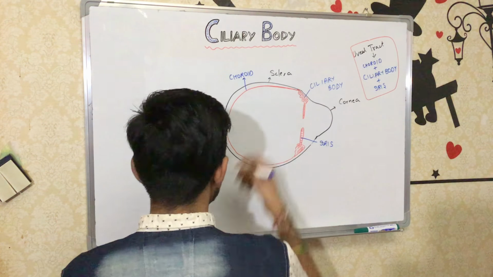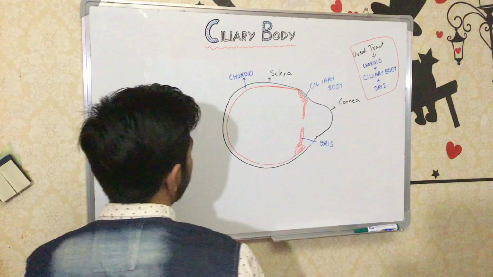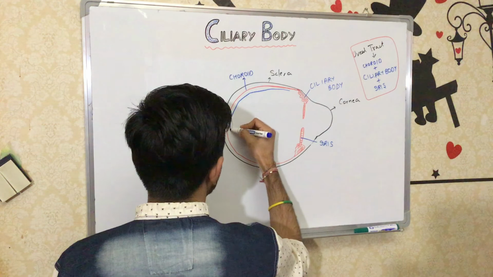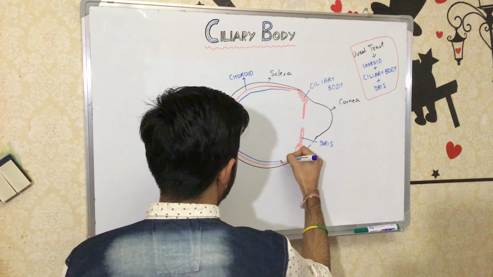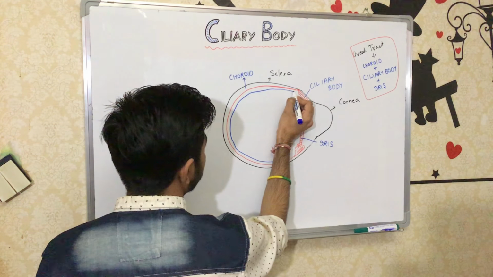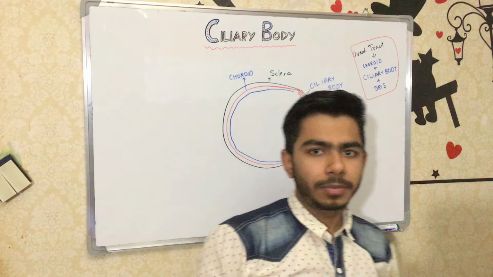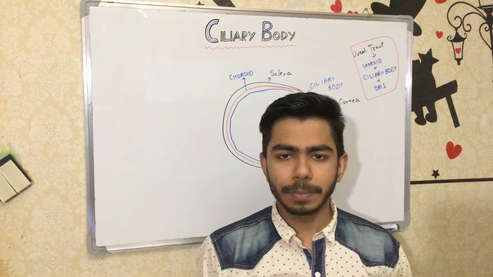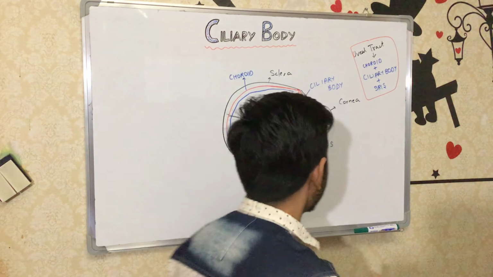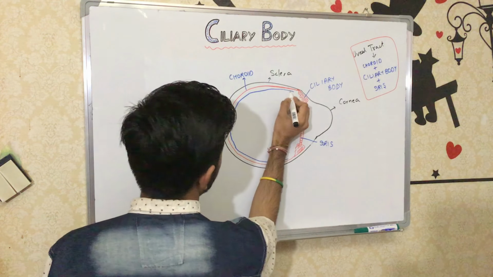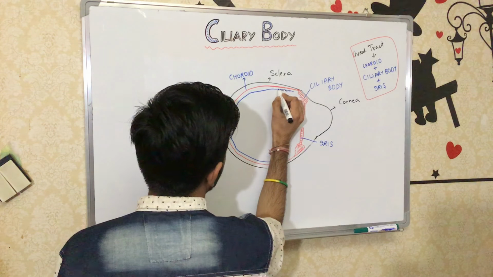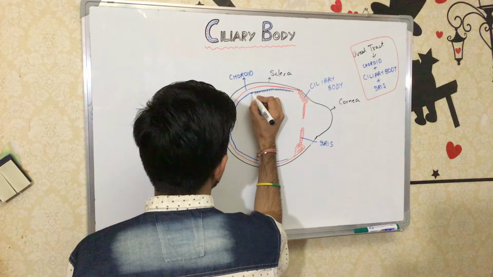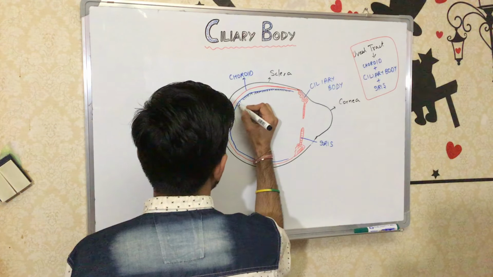Inside it we have one more layer, and that is the retina. You all must know about this. In the retina we have, very broadly speaking, two kinds of layers. That is the pigmentary layer, which is the outer one, for example this is the pigmentary layer of the retina.